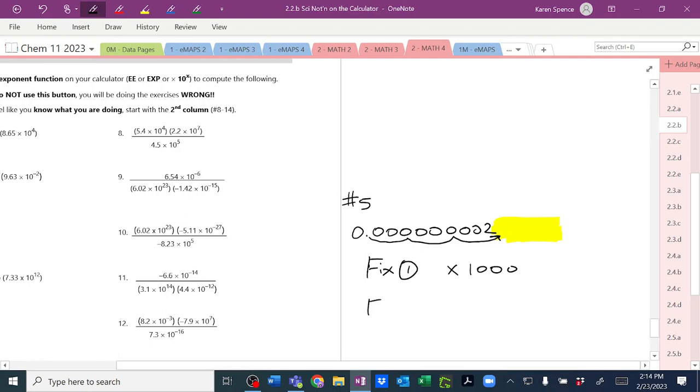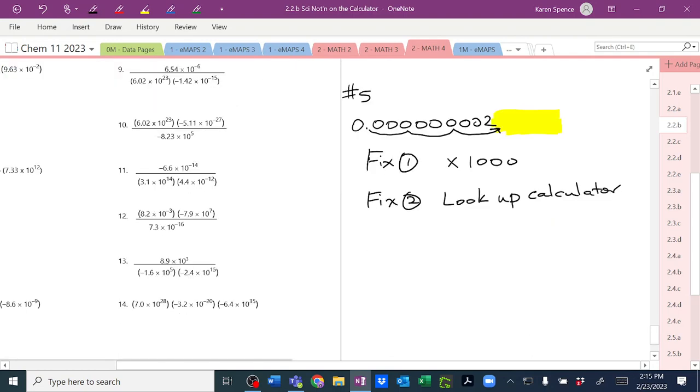Fix number 2 is actually the better fix, and that is to look up the manual for your calculator, which can be found online. Find how to set it to scientific notation mode.